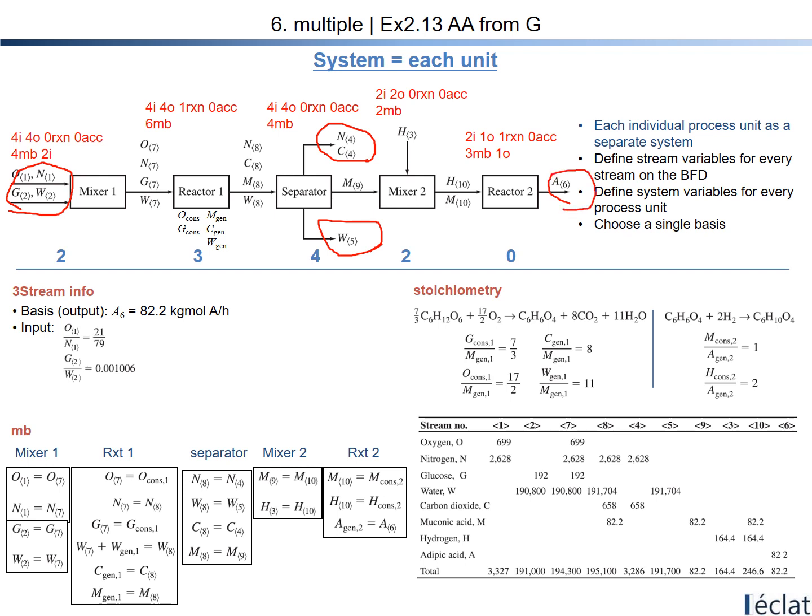So after calculation about the mixer 2, we know this one. So four additional pieces of information are given to you right now. So 4 minus 4 is going to 0. So you can solve all problems about this separator.